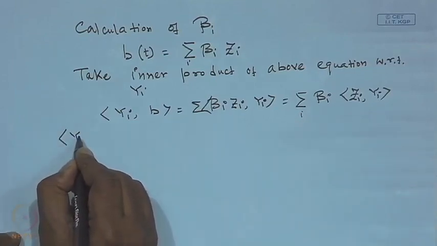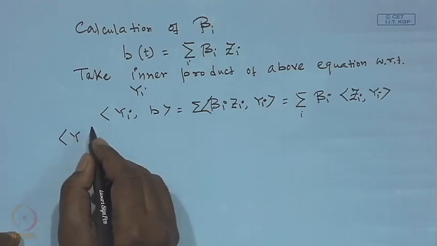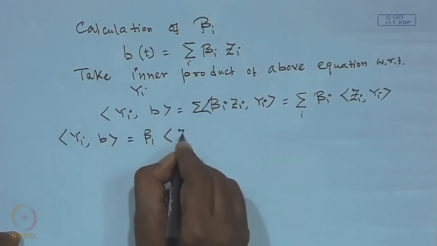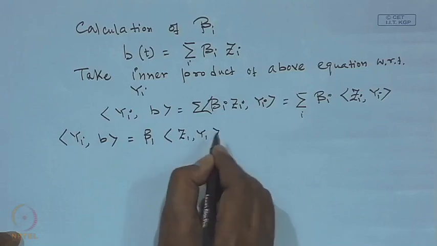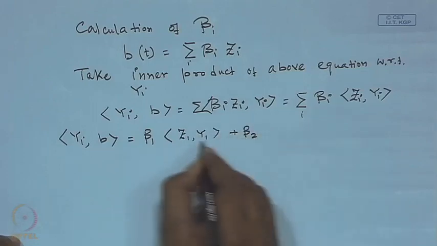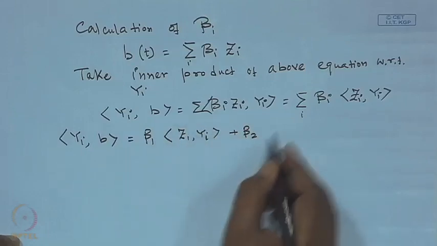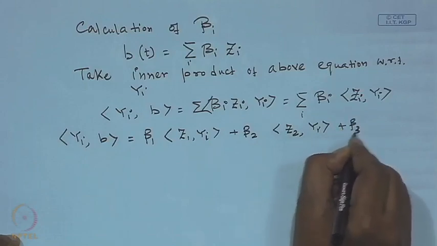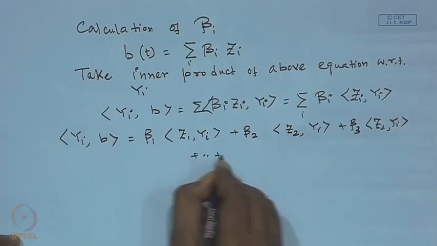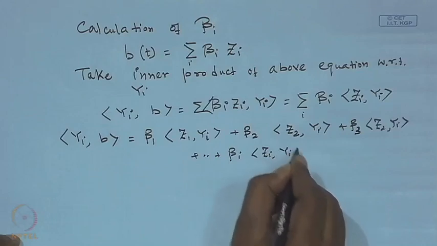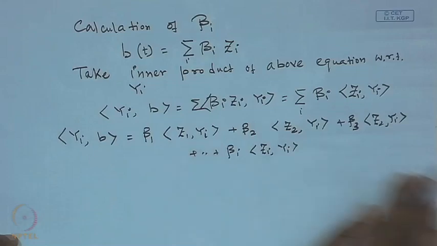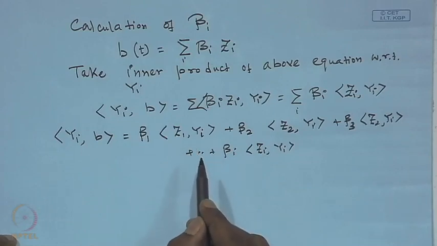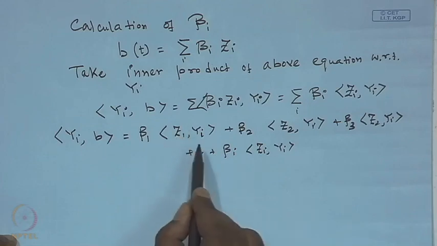Again one can open up this summation series and see what you get. You will get the inner product of y_i and b equal to beta_1 inner product of z_1 and y_i, plus beta_2 inner product of z_2 and y_i, and like that, up to beta_i inner product of z_i and y_i. Since the z_i are the eigenvectors of A and the y_i are the eigenvectors of A transpose, they form a bi-orthogonal set, and we have already proved that except for i equal to j, the inner product of the individual eigenvectors is 0.